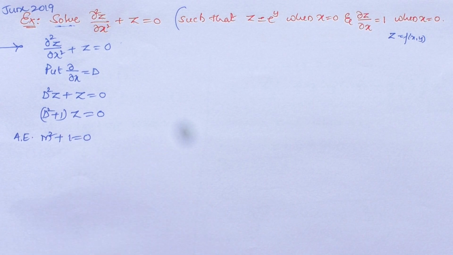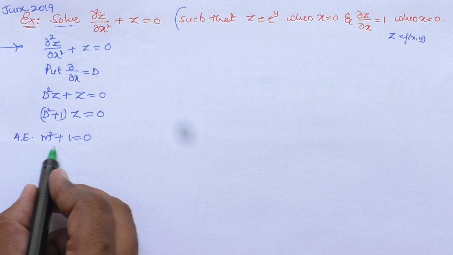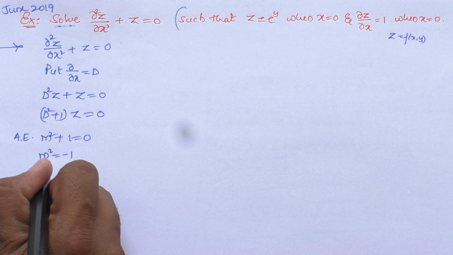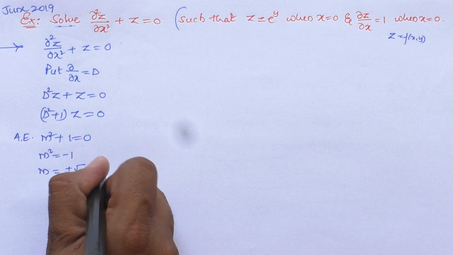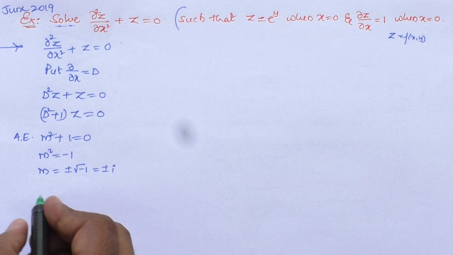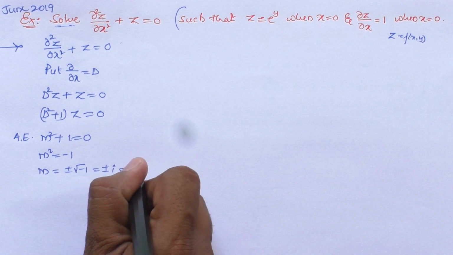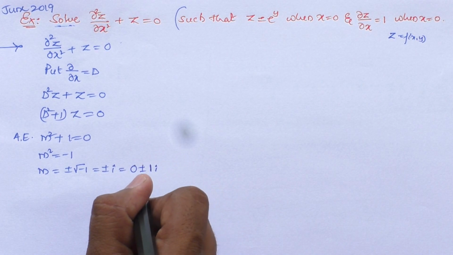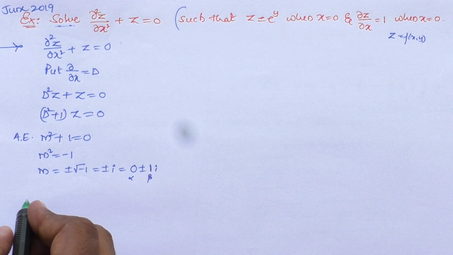Now we need to find the roots of the auxiliary equation. m square equal to minus 1, so m equal to plus or minus square root of minus 1, that is plus or minus i. So we got the roots in alpha plus i beta form, 0 plus or minus 1i, where 0 is alpha and 1 is beta.